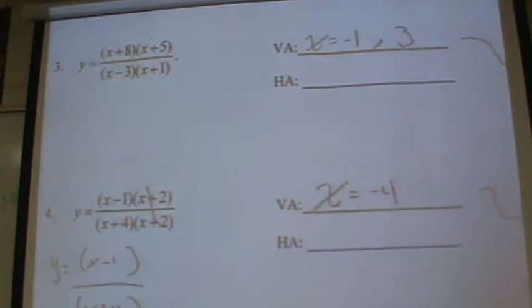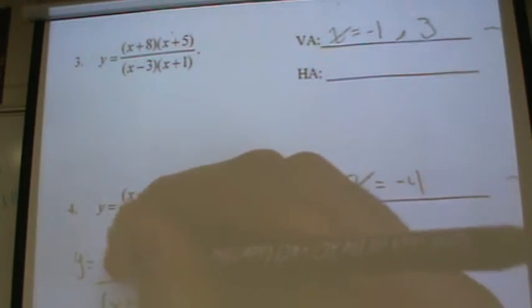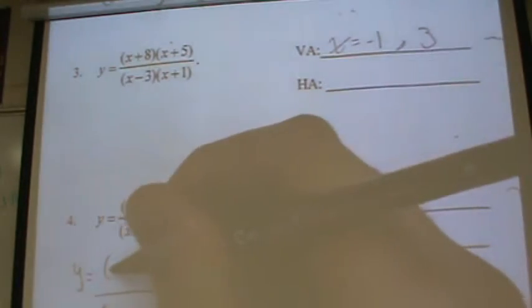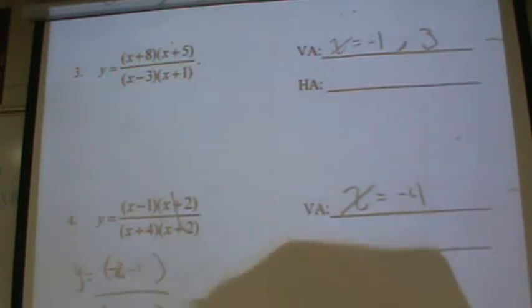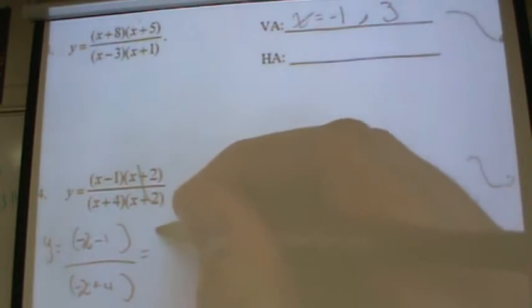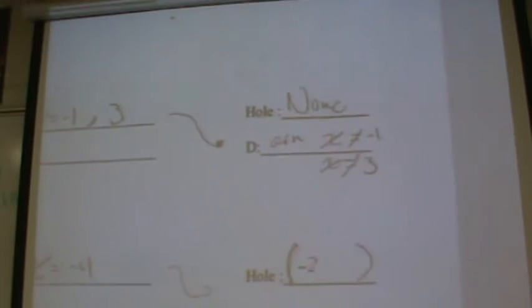So now I'm taking that -2 that I got over here, and I'm plugging it in for the value of x. So instead of x minus 1 over x plus 4, it's going to be -2 minus 1, and then -2 plus 4. So after doing that, that'll equal -3 halves, or if you like to write it as a decimal, it'd be -1.5.